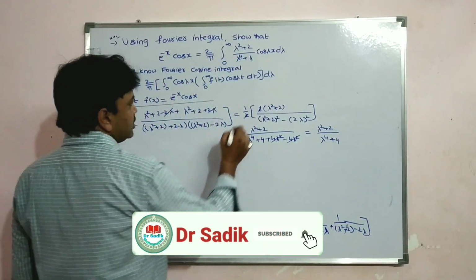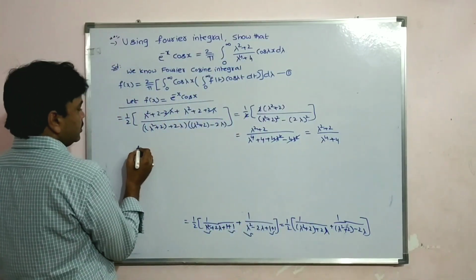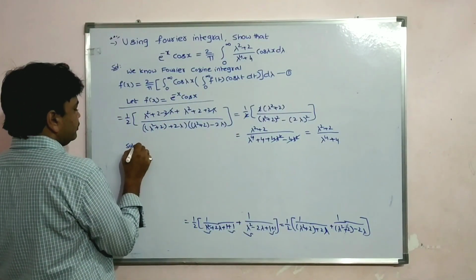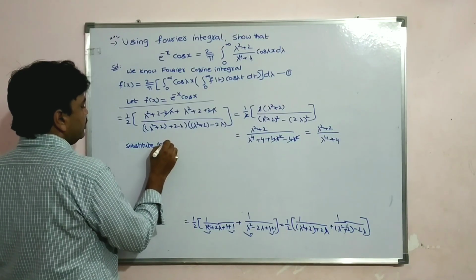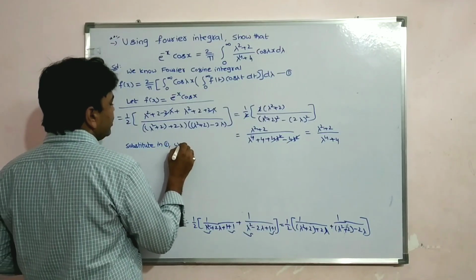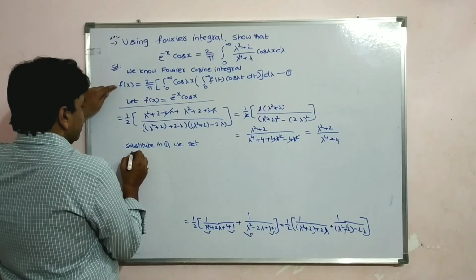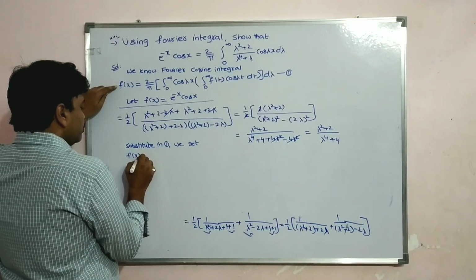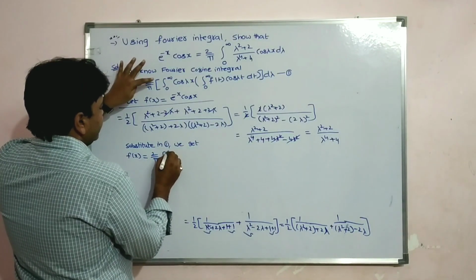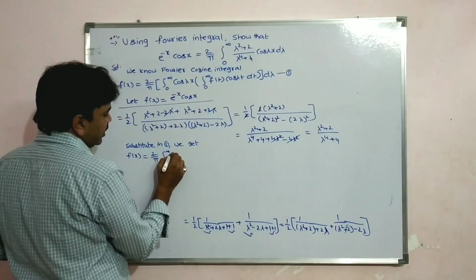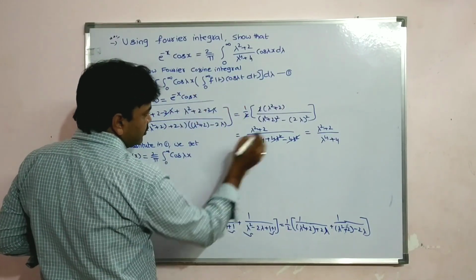Now you substitute this in 1, we get f of x equal to 2 by pi integral 0 to infinity cos lambda x, what is the value?